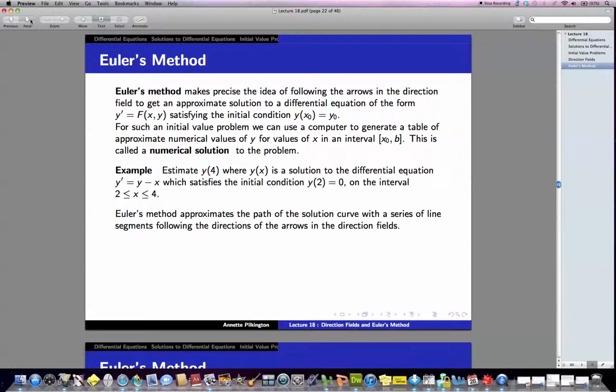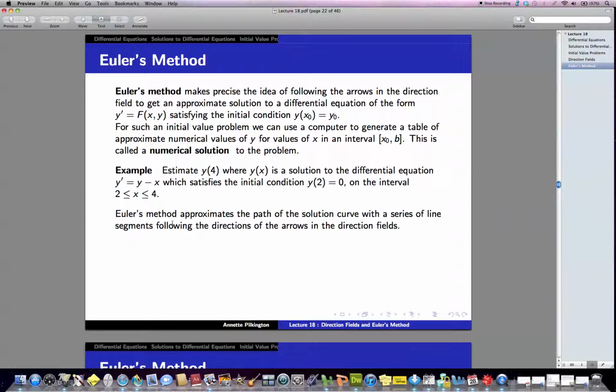Euler's method makes this idea of following the arrows a little more precise, and so this essentially uses the direction field to get an approximate solution to the differential equation. So given a differential equation, Euler's method approximates the path of a solution with a series of line segments which basically follow the direction of the arrows in the direction field.